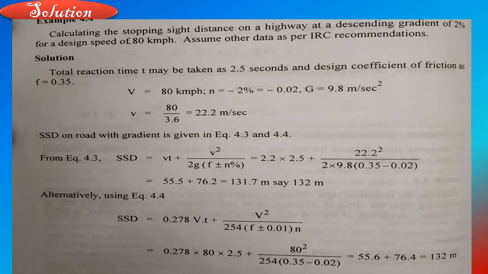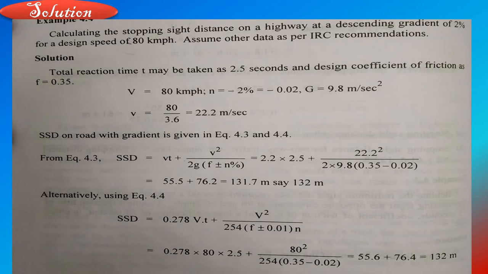So here given data: capital V is 80 kmph, n value is minus 2%, and g we know very well is 9.81, and we can calculate the remaining values according to that.